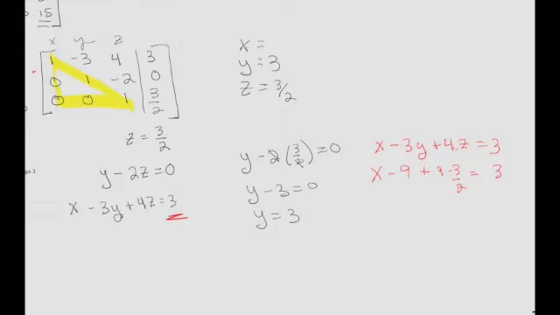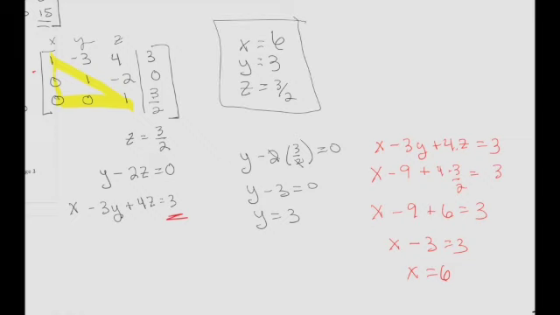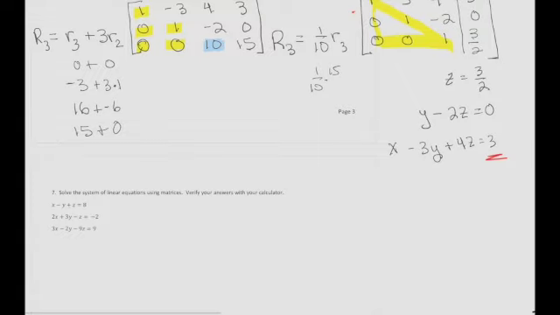I was looking here. All right, let's clean this up a little bit. This means x minus 9 plus 6 equals 3. X minus 3 equals 3. X is 6. So I have my x, I have my y, and I have my z, and I certainly could plug them into the system of equations, each equation, and make sure that they work, because that's how we check our answers.